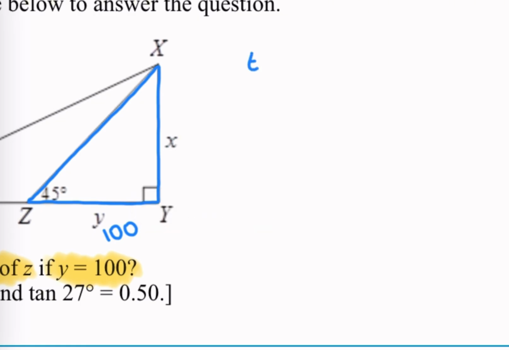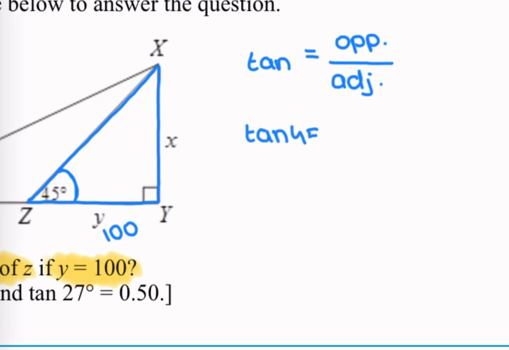So it's going to be tan equals opposite over adjacent. We have the value of the angle, 45. It's going to be tan 45 equals the opposite, X, our unknown, over the adjacent, 100.